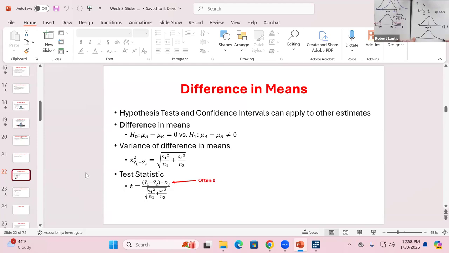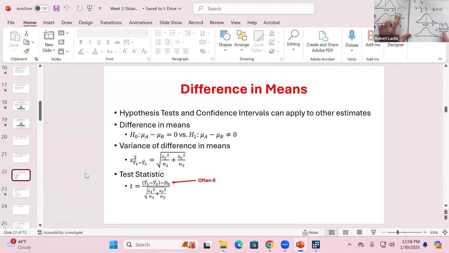So how am I going to turn this sample difference into a test statistic? It's going to be very similar. To calculate my test statistic, I no longer have a sample mean. I'm looking at the difference in my sample means. I then subtract the assumed true difference, but here my assumed true difference is always going to be 0, so I can kind of ignore that.